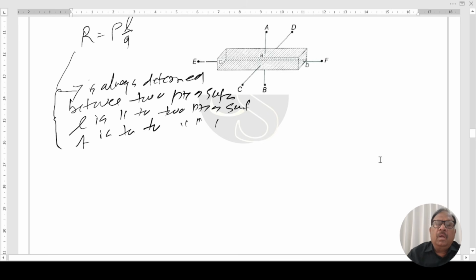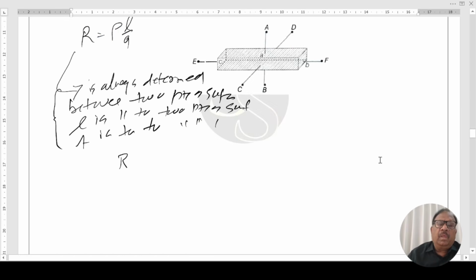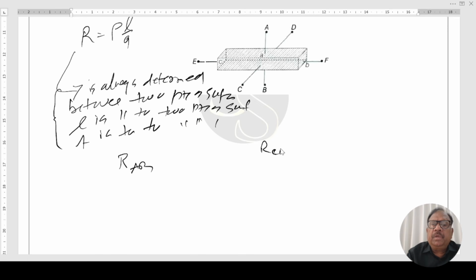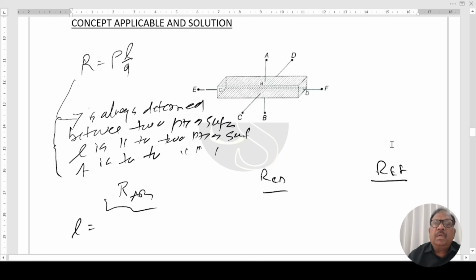Therefore, R. First of all we need AB, CD and EF, three pairs of surfaces. In this case, length will be equal to, in this case, AB.